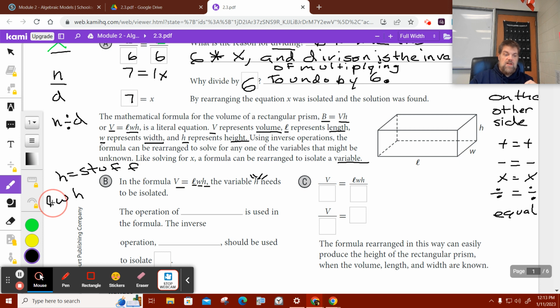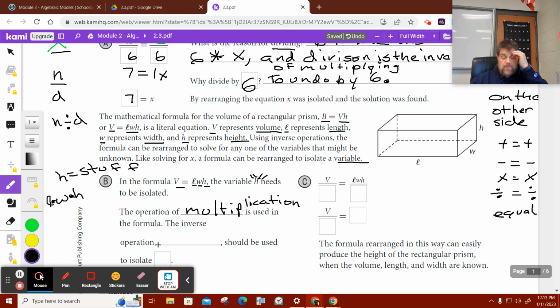When we write two variables together like that, we're really implying that we multiply them. So the operation of multiplication is used in the formula. Okay? We're multiplying those numbers.